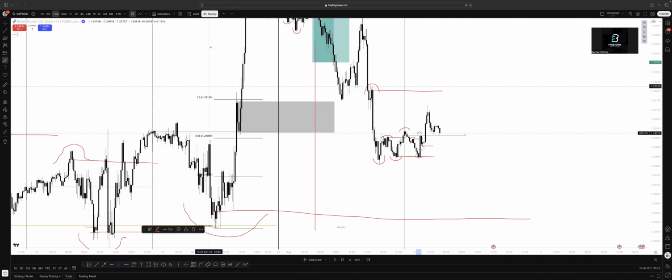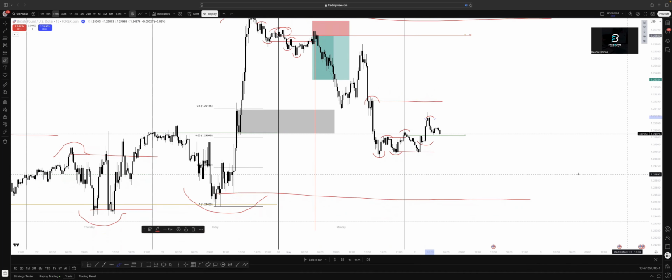But now, since it created a new higher high, it has created a higher low. I'm going to use this as the higher low that created the new higher high. So now that we are bullish, if price continues being bullish and breaks above this lower high, then we will be bullish.